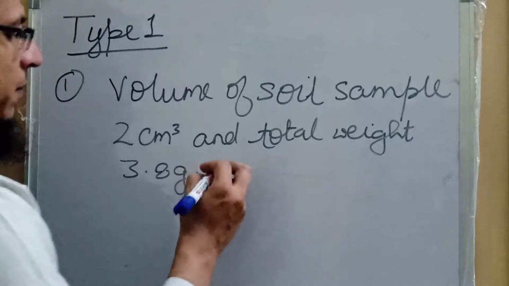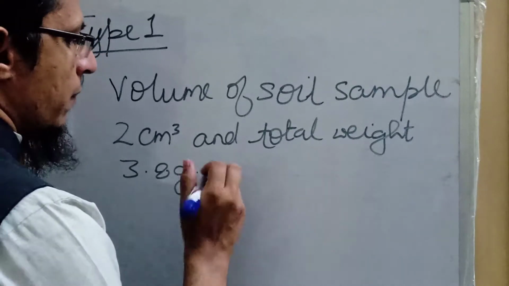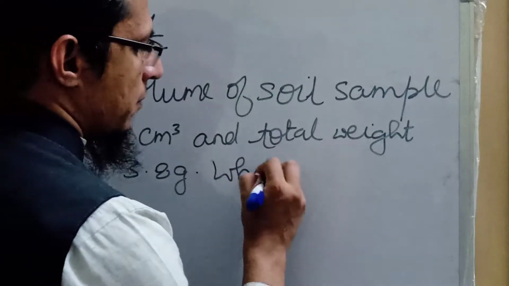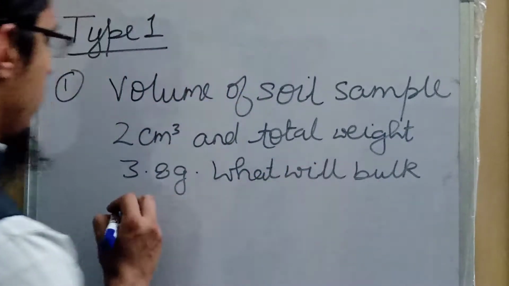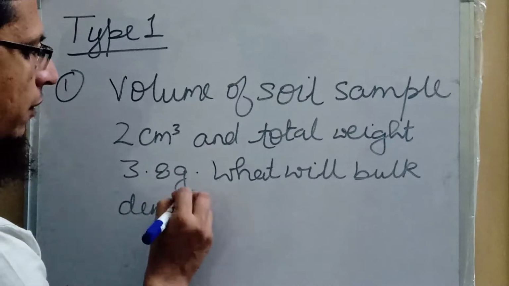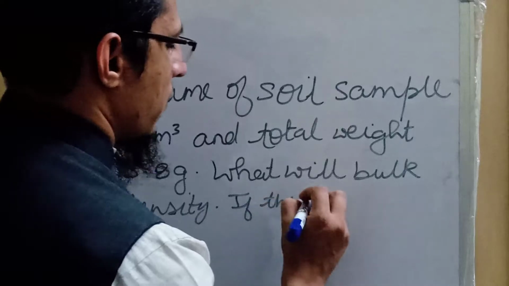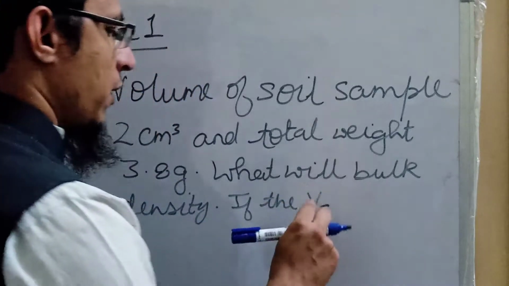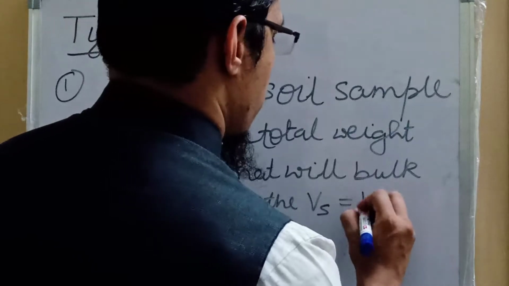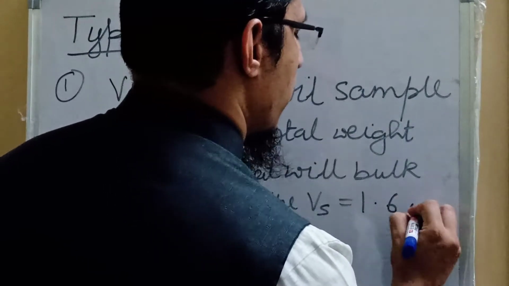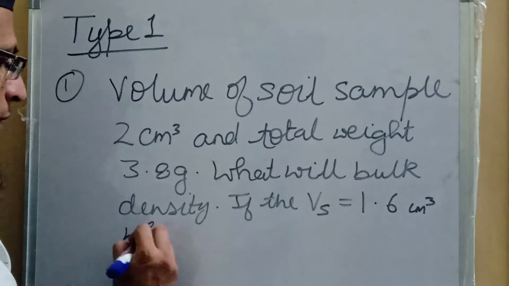Then what will be the bulk density? And similarly, if the volume of solid is around 1.6 centimeter cube, then what will be the void ratio?